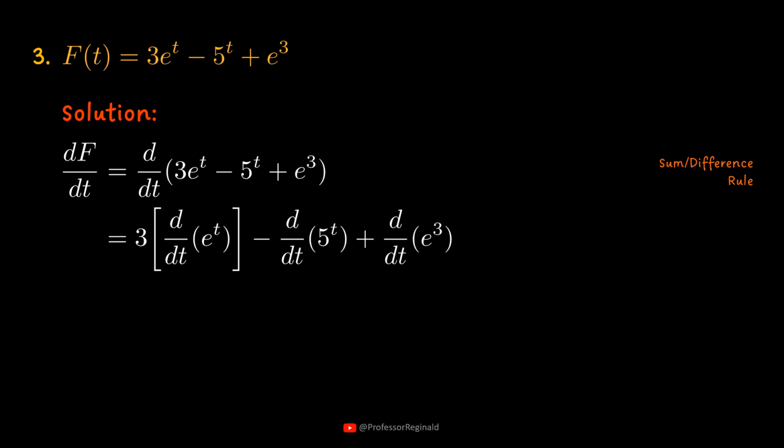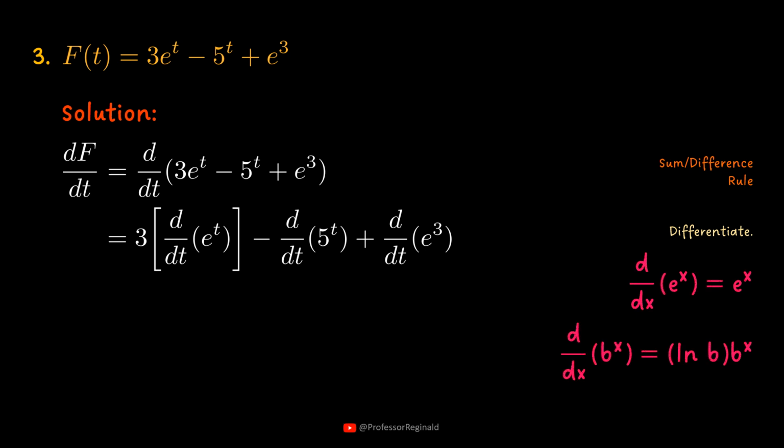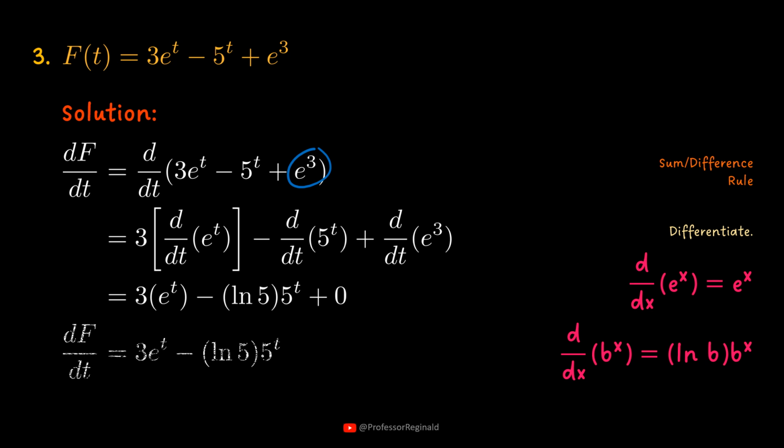And differentiate using exponential function rules. Note that the last term is just a constant, so its derivative is just 0. Hence, f prime of t equals 3 times e raised to t minus the natural logarithm of 5 times 5 raised to t.